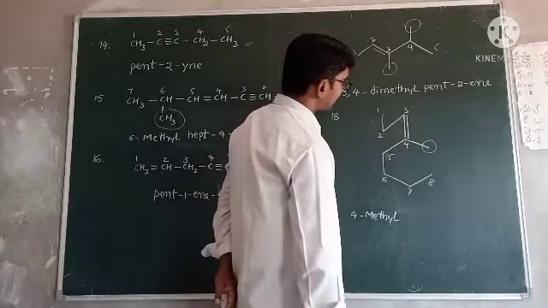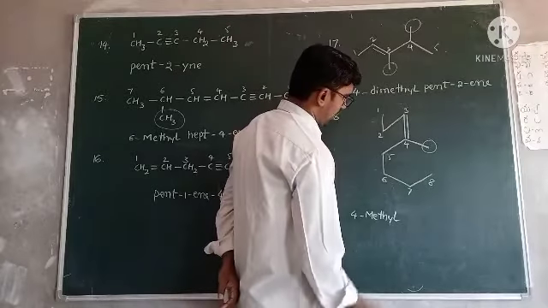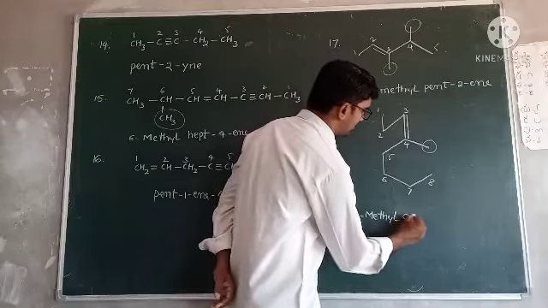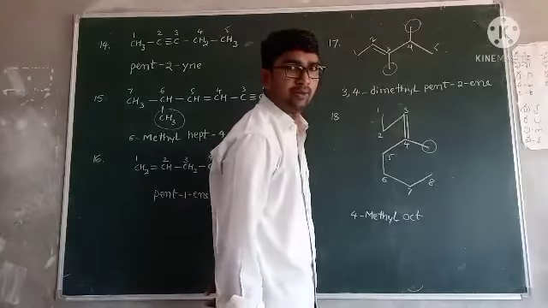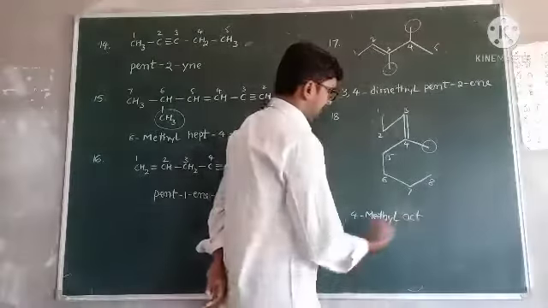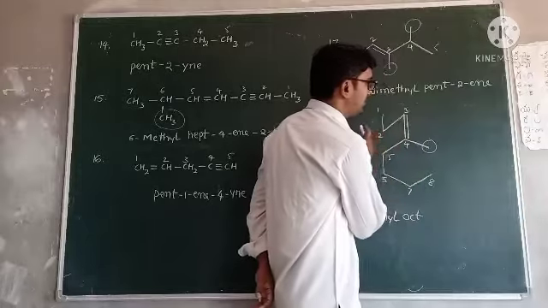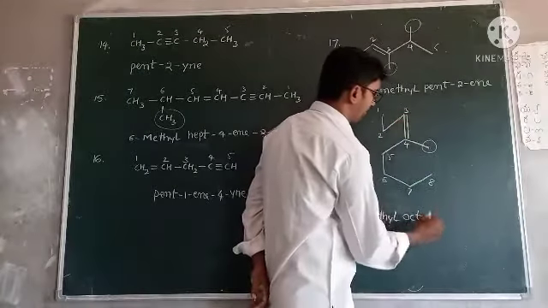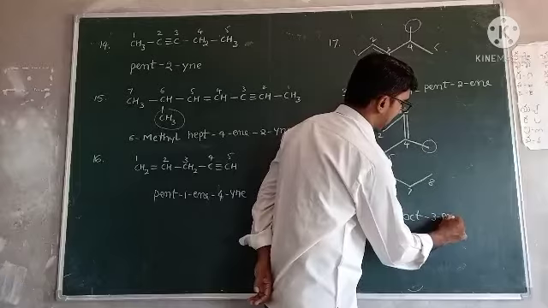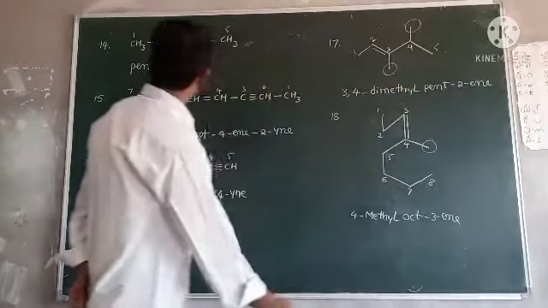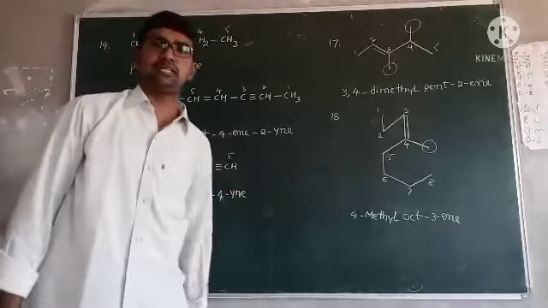Completed. Next. How many carbons in the long chain? 8 carbons. So oct. Next one. Bond type, double bond at which position? At 3rd and 4th means 3rd position. 3-ene. Right? So one type of examples explanation completed.